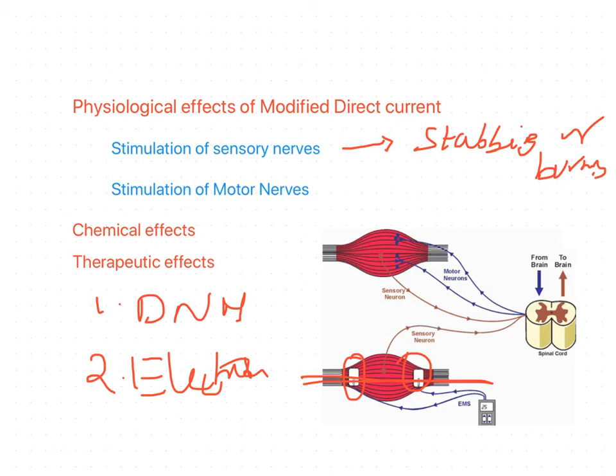Okay. So many controversies are also there, but interrupted direct current is still recommended for the treatment of axonotmesis, where recovery is anticipated, and in neurotmesis, where nerve repair is to be undertaken. So in such kinds, we can use this interrupted direct current.